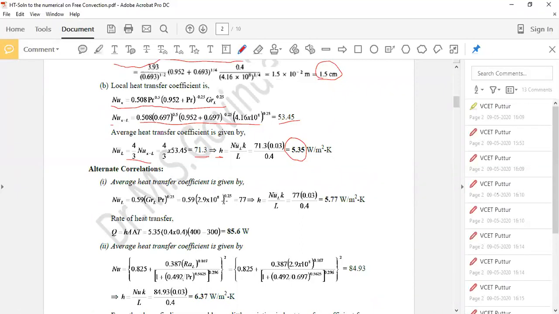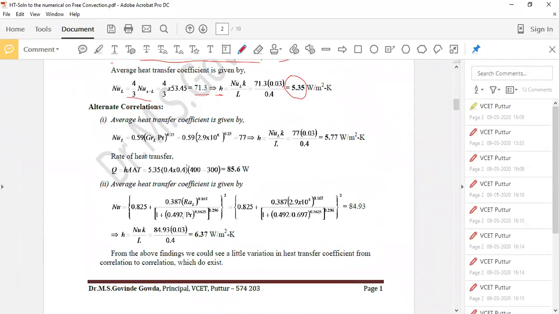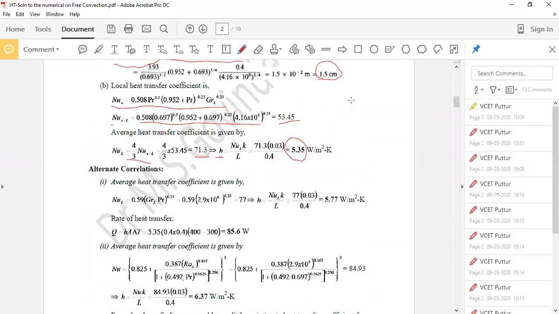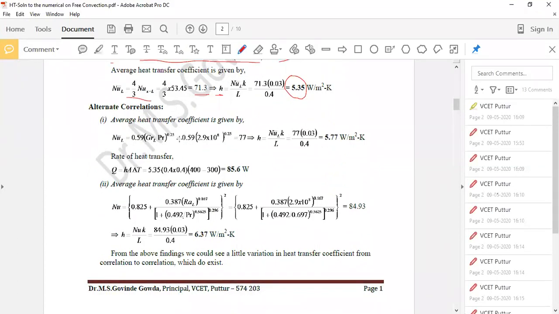In order to calculate average Nusselt number, you have another alternate correlations which I am showing here. So one which we have discussed here are corresponding to the local Nusselt number at a given value of x, and another Nusselt number for laminar region for Rayleigh's number less than 10 to the power of 9.